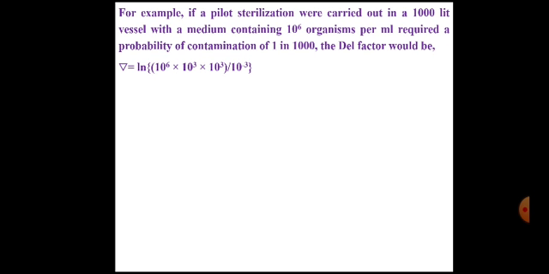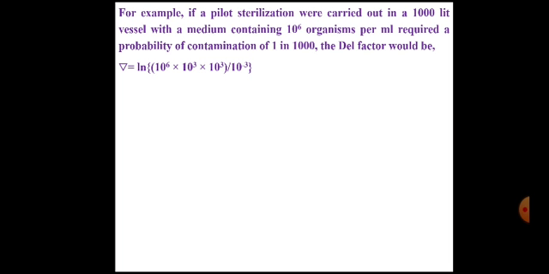So here you need to write total number of organisms present in 1000 liter broth. So the concentration is given 10 raised to 6 cells per ml. If it is 10 raised to 6 cells per ml, then in 1 liter it will be 10 raised to 6 into 10 raised to 3, and in 1000 liter it will be 10 raised to 6 into 10 raised to 3 into 10 raised to 3.